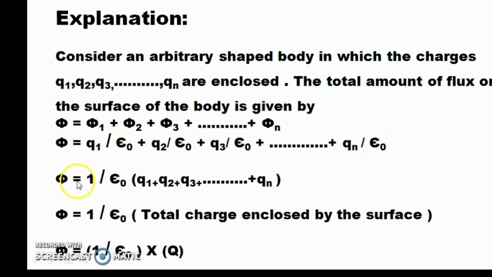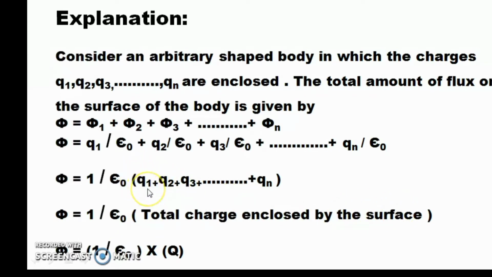So total flux is equal to 1 upon epsilon naught, round bracket, charges Q1 plus Q2 plus Q3 plus Qn. Now we can write it as total flux is equal to 1 upon epsilon naught, round bracket, total charge enclosed by the surface.